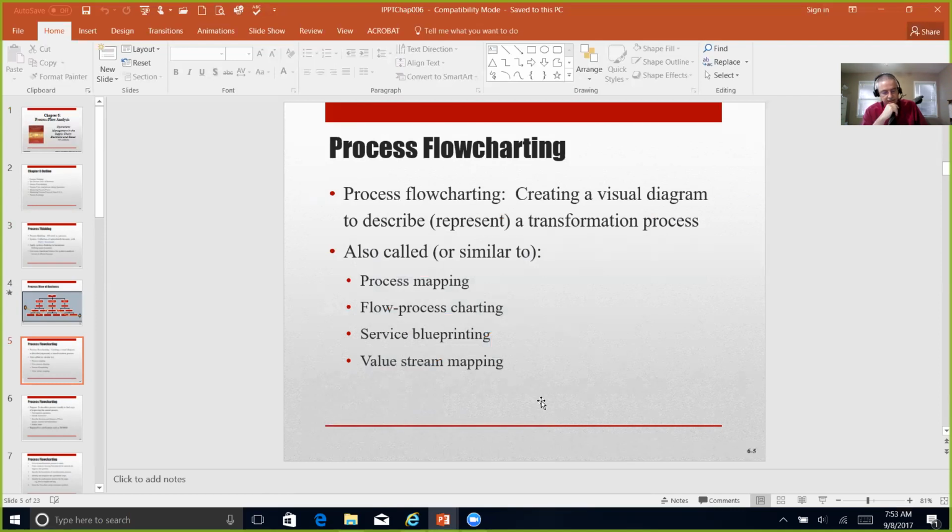And if you're talking about strictly a service operation, in that context, it would be called service blueprinting. And when we get into chapter 7, we'll discuss more about value stream mapping, which is yet another specific approach to flow charting that's really got its roots in lean systems and lean thinking, Six Sigma, those type things. We'll get into that when we get into chapter 7.